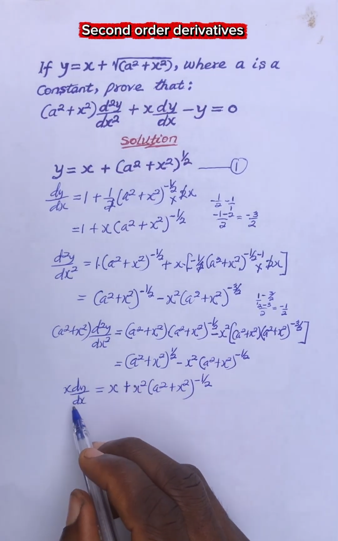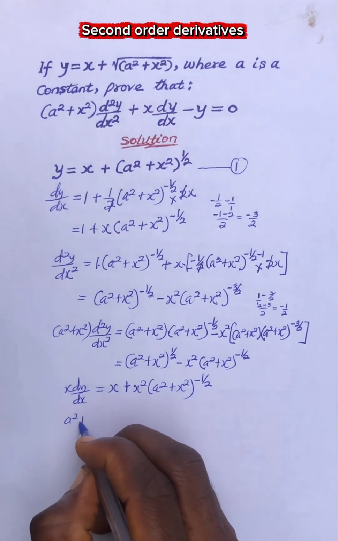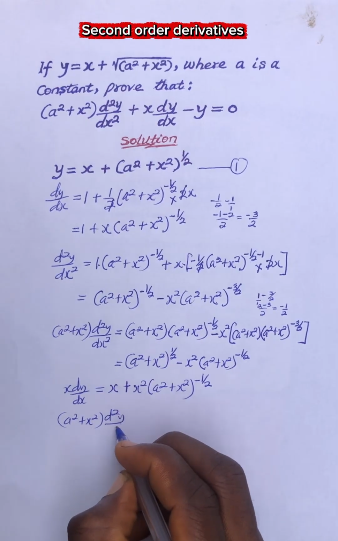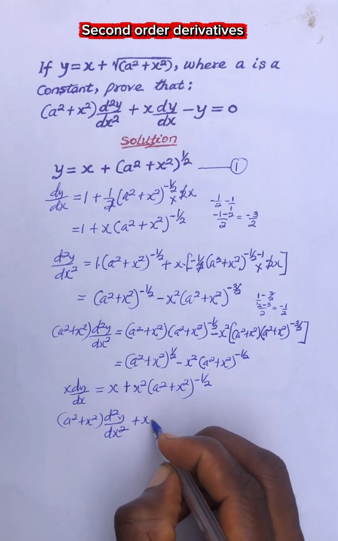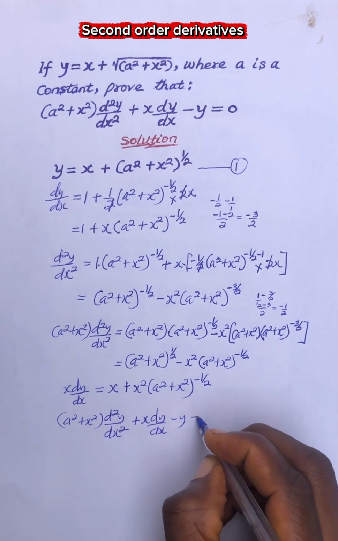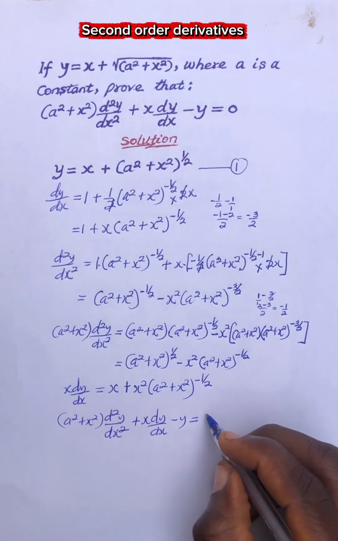Now we're going to add them together and subtract this, so that (a squared plus x squared) d squared y over dx squared plus x dy/dx minus y simply means, now in place of this we're going to write all this.